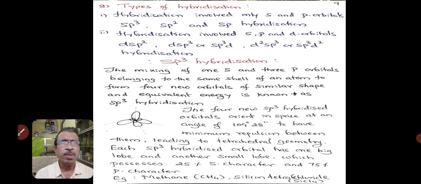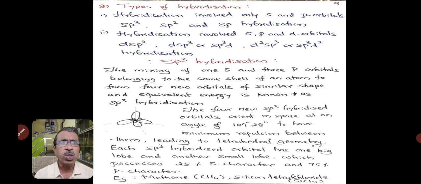The meaning of writing d first and writing d afterwards is this: in the case of d orbitals, the 3d orbital and 4s orbital have very little energy difference. In such cases, the 3d orbital mixes with 4s and 4p orbitals. It results in dsp2 or dsp3 or d2sp3 hybridization.